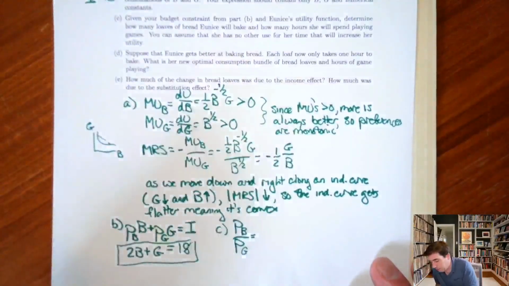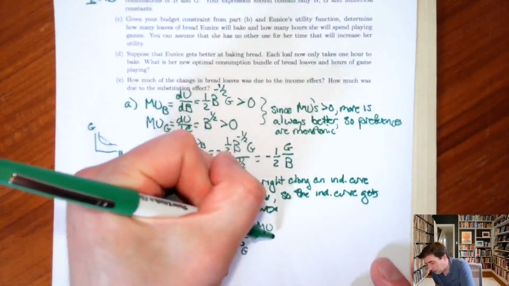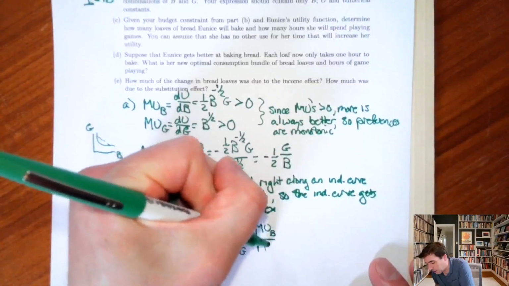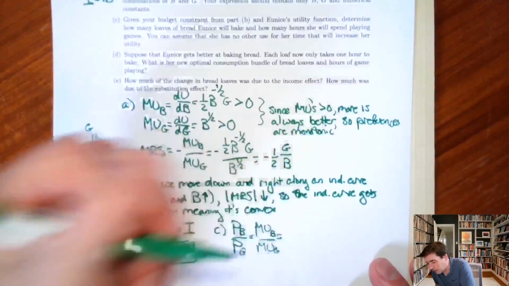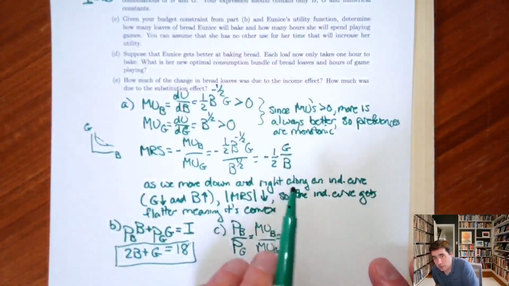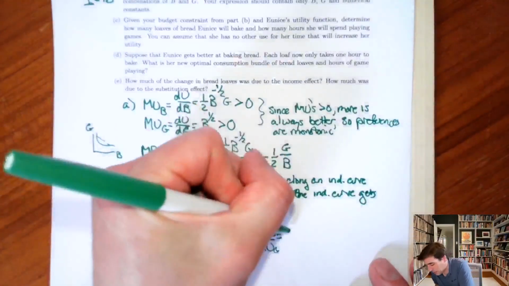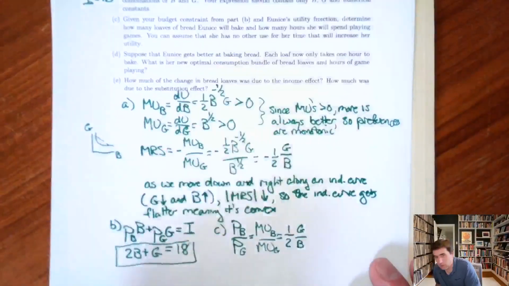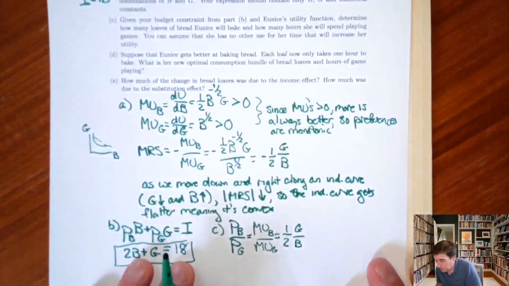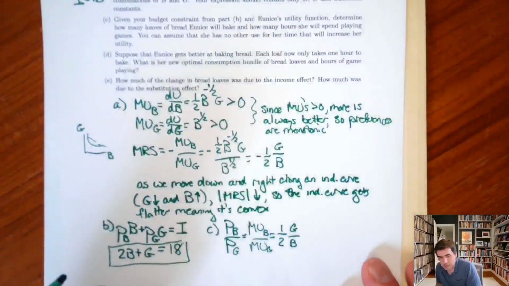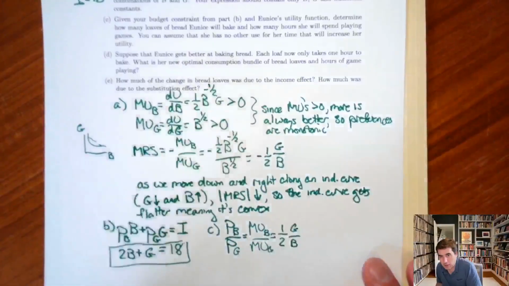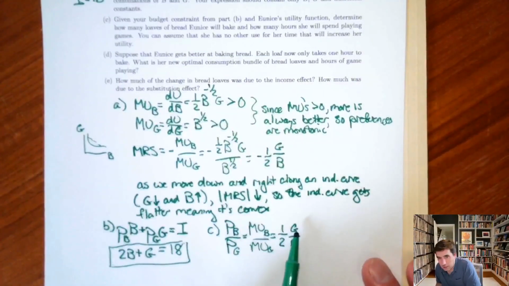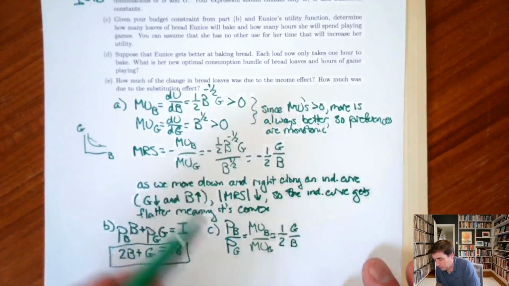And then the slope for my indifference curve is the marginal utility of the horizontal good over the marginal utility of the vertical good. Now we already figured that out in the previous part. That was 1/2 G over B. All right, so what I'm trying to do now is get one good by itself so I can plug that into the budget constraint and solve for the other one. I've got G in the top over here, so what looks easiest to me is let's move this 2B over with the prices.